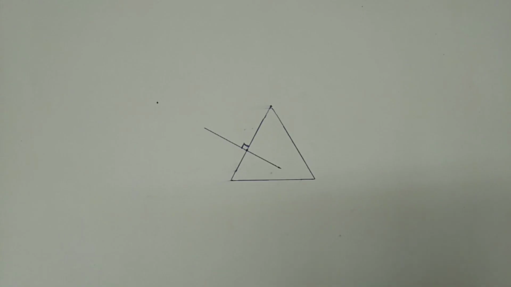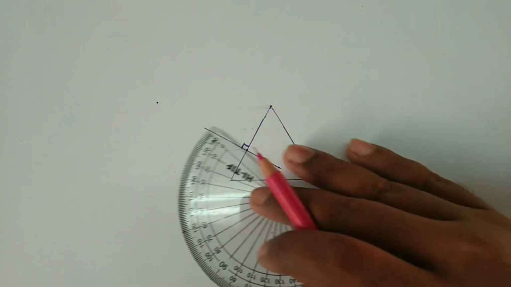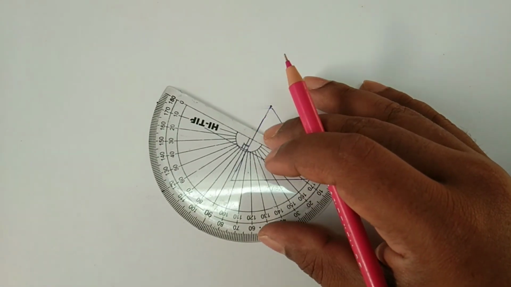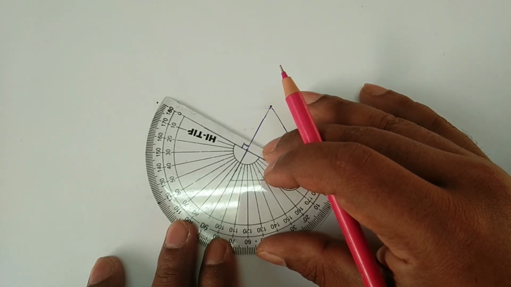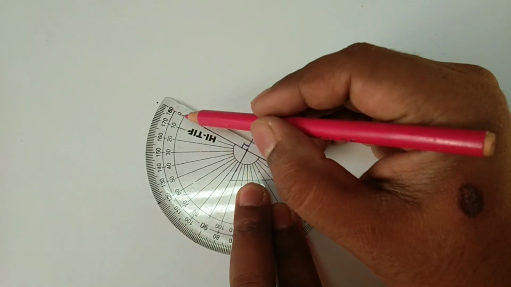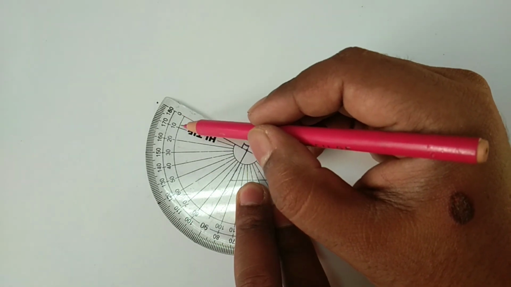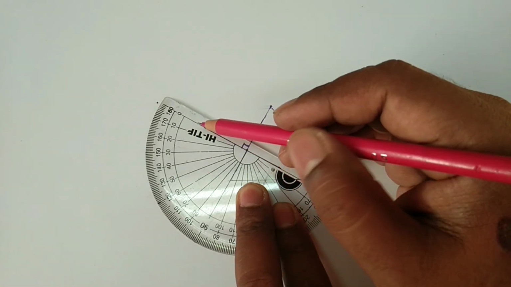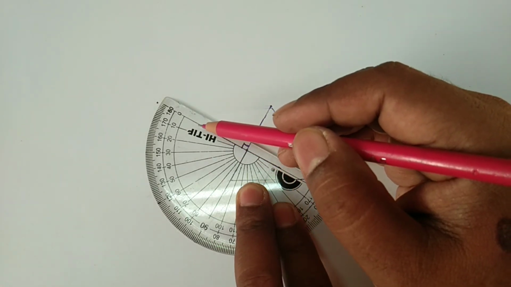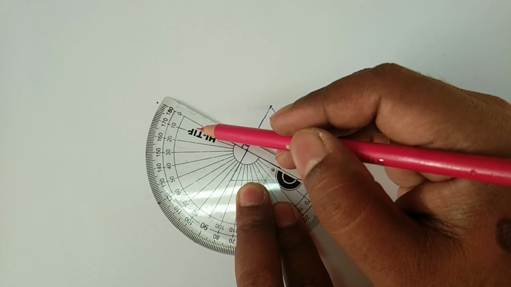Now here I'll draw an angle of incidence. It may be 60, 30 or 45. Whatever angle is given in the exam, you will have to do that, students. Here I'll choose 60 degrees. Now I'll keep the protractor like this. You know how to draw an angle. Okay, as you are insisting, I'll do it for 45 degrees, students.